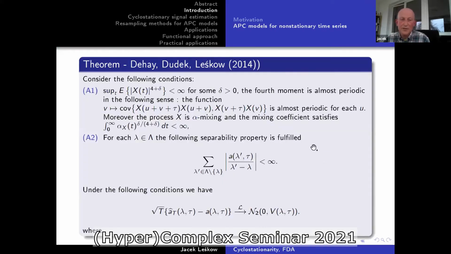So we need this condition of separability of the lambdas, and the set of all frequencies is usually assumed to be a capital Lambda. With these two conditions, we have a classical central limit theorem for our estimator. Why is the central limit theorem so crucial for statistical applications? Because this theorem enables us to control the error of the estimator. The a hat minus a is essentially how much we err.